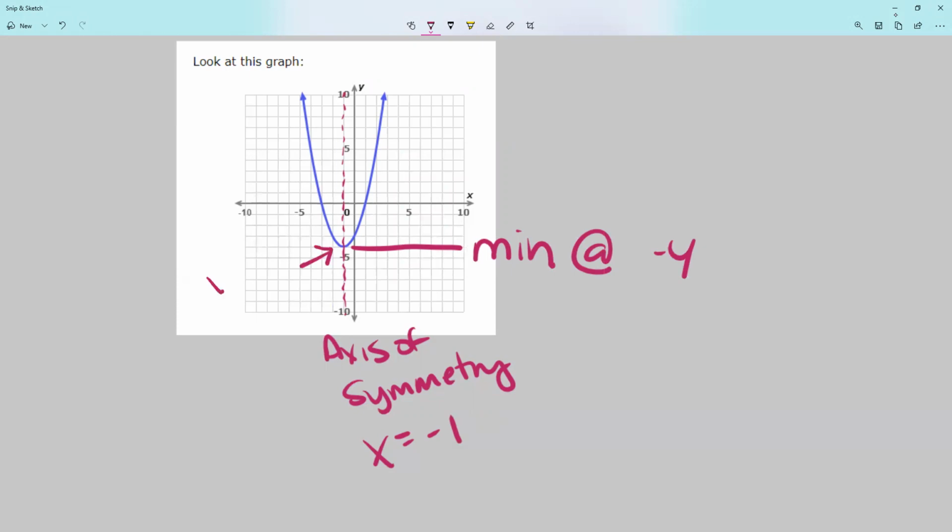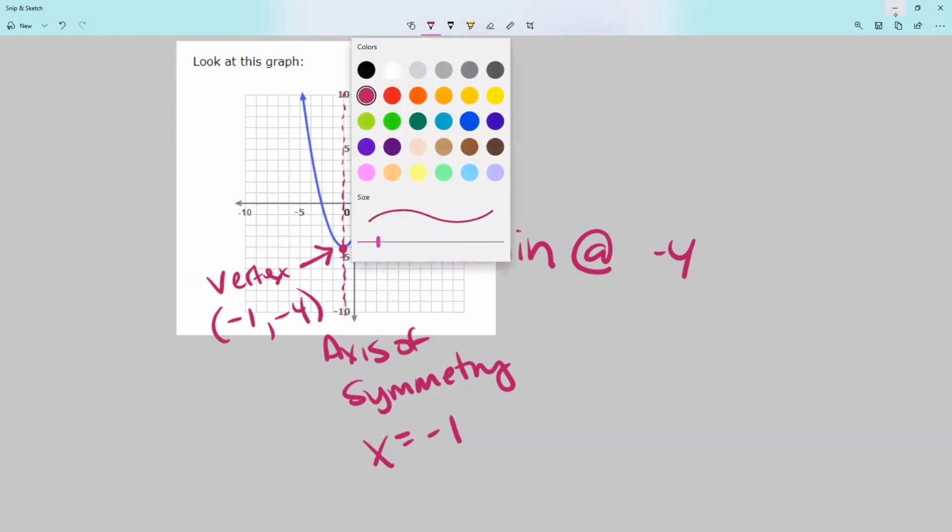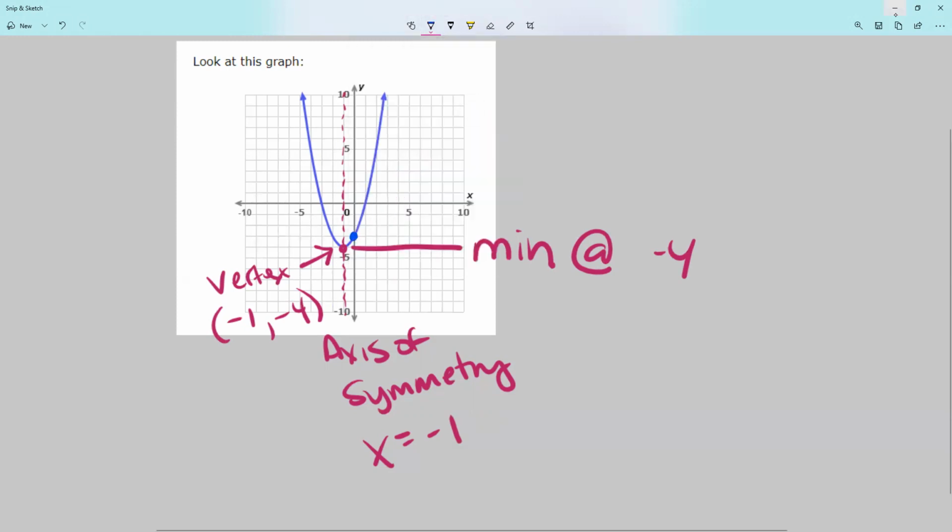And the vertex, that point there, is at -1, -4, right? Because the minimum here matches that vertex point. The y-intercept for this one is here. So the y-intercept is at -3.